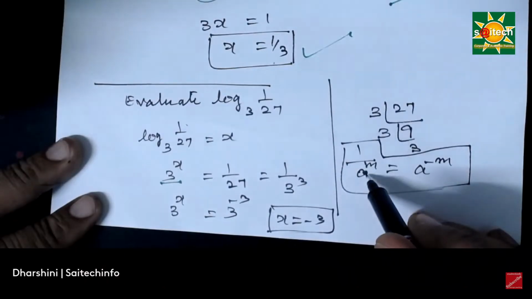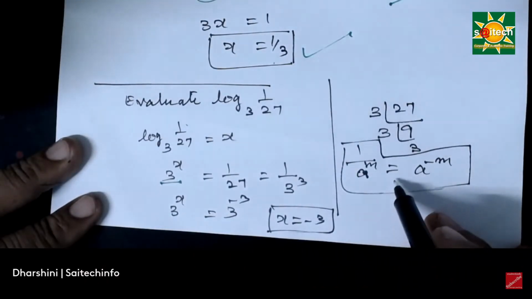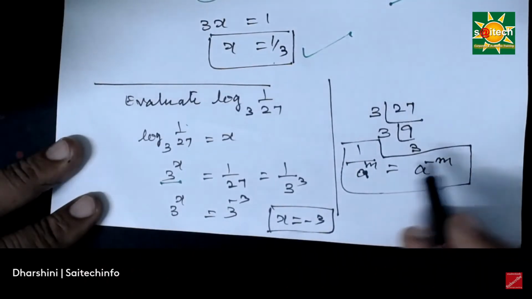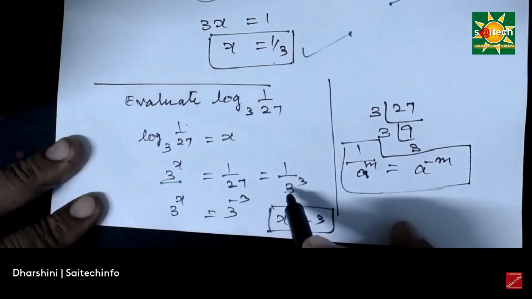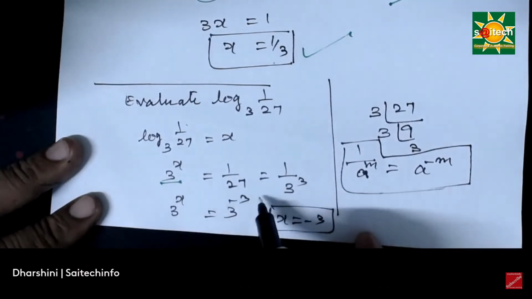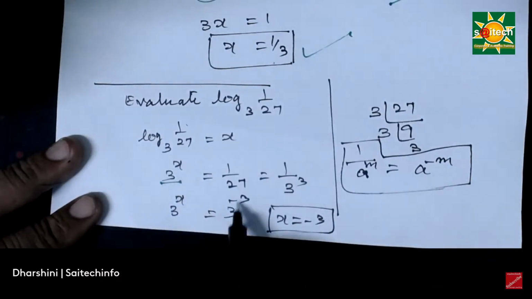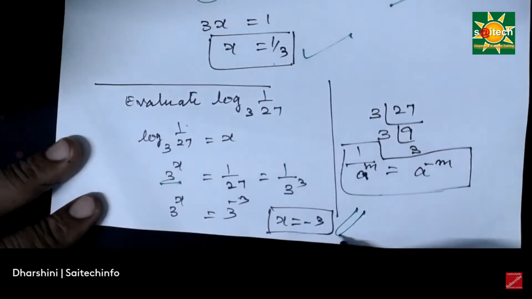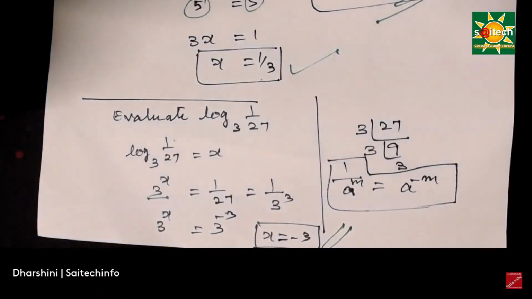Okay, 1 by a power m is equal to a power minus m. So in this case 1 by 3 cube is equal to 3 power minus 3. So 3 power x is equal to 3 power minus 3 means x is equal to minus 3. Right. Now let us move to the next sum.